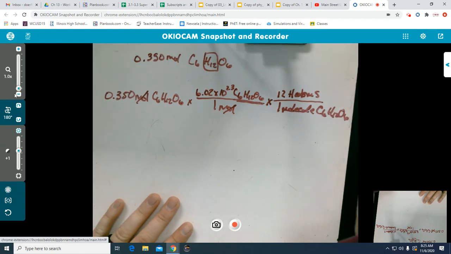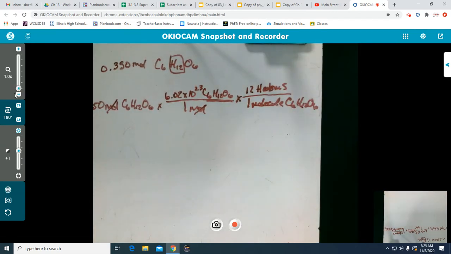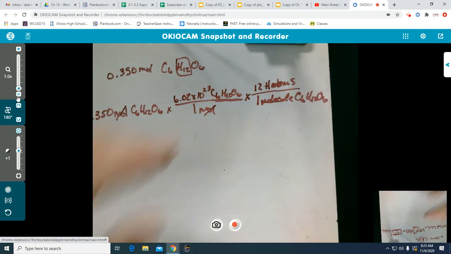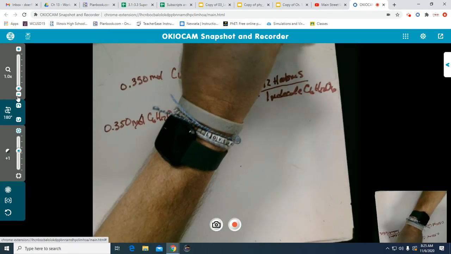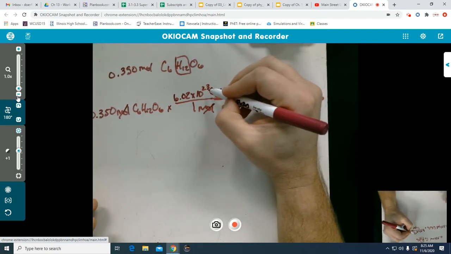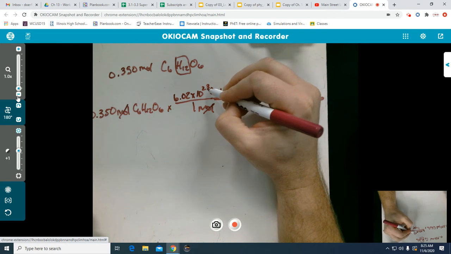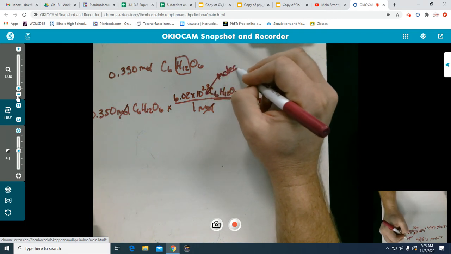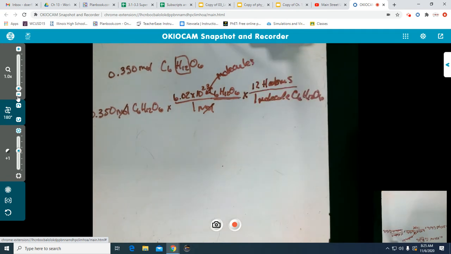You're going to see me running into this issue of not being able to have enough room to write this. Okay. And this is my fault. I forgot to include the label of molecules there. Okay, my apologies.